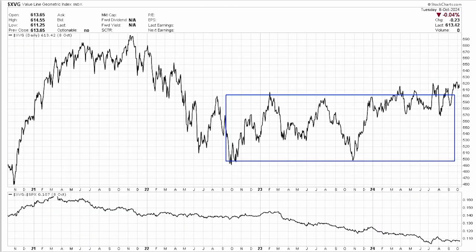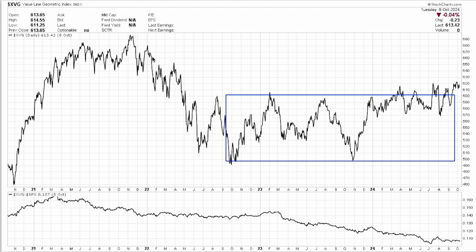Now, this index, I think, is the most important index you could be following right now. Let's go back in time a little bit. In 2020, we saw a major rally in the market, primarily led by stocks like Tesla. Then it all peaked out, and we came down, and all of a sudden it became apparent that inflation was becoming a problem.